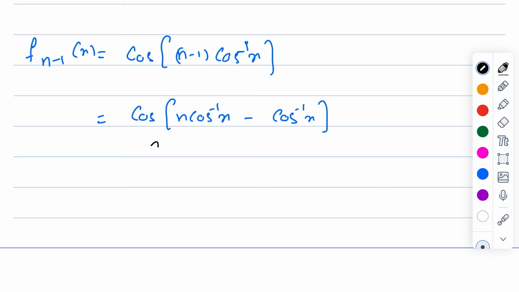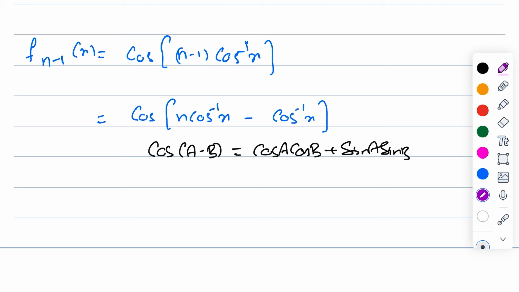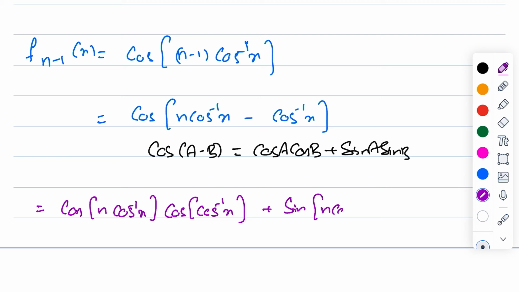This time I'm going to use the cos A minus B formula. What is that? Cos A cos B plus sin A sin B. So it becomes cos of n cos inverse of x, cos of cos inverse of x plus sin of n cos inverse of x, sin of cos inverse of x.